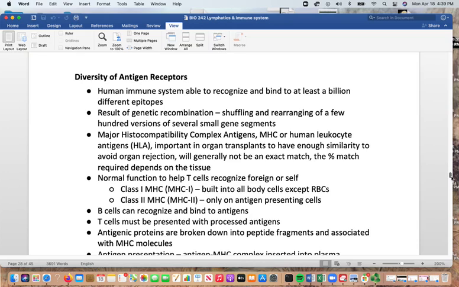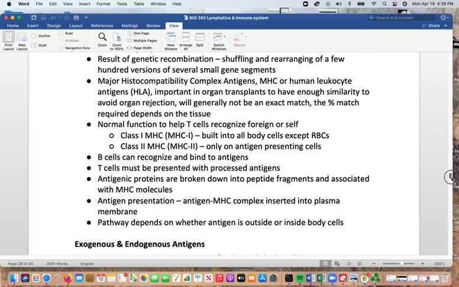So the normal function is to help the T cells recognize foreign or self. So class 1 MHC is built into all body cells except red blood cells, where the class 2 is only on the antigen presenting cells. So B cells can recognize and bind to antigens, but T cells have to have their antigen processed and then be presented to them.